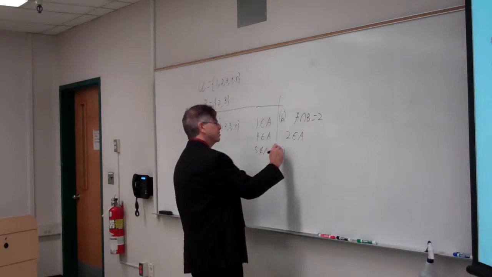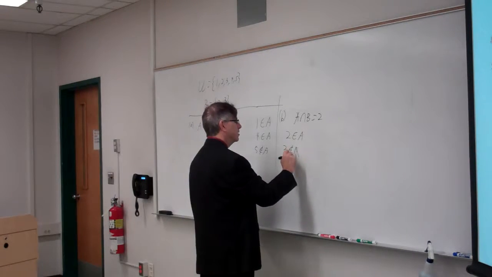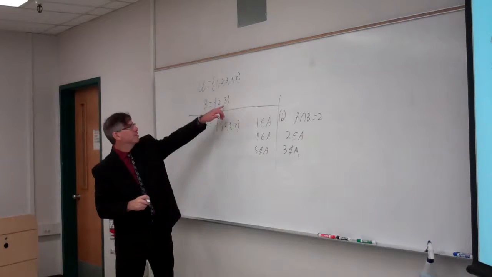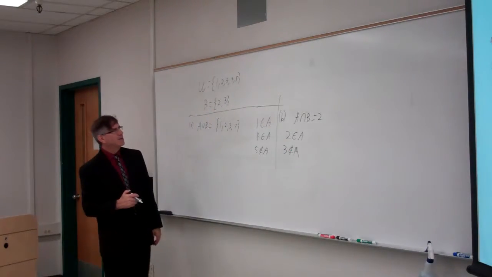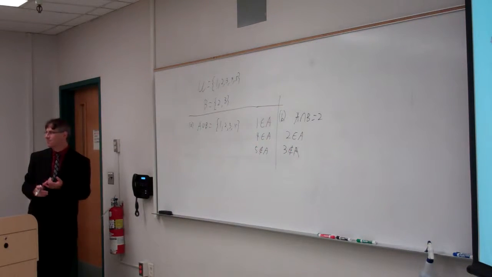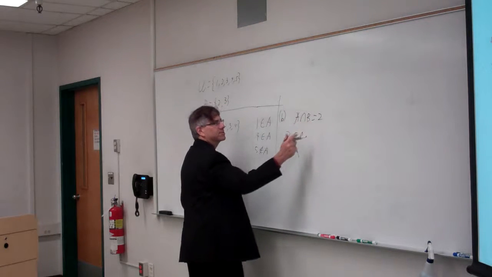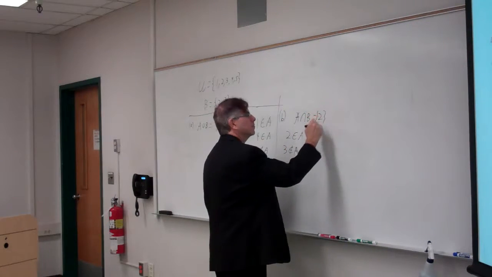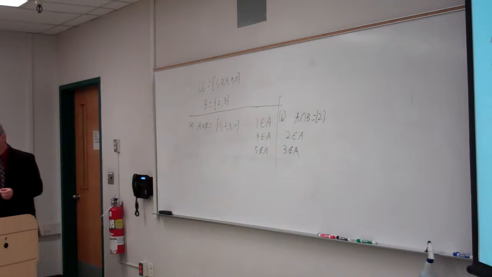But we also know 3 cannot be an element of A, because if it were, then 3 would be in both A and B, would be in the intersection. And A could contain 1, it could contain 4, it could contain 5, and in either case, the intersection would still just be 2. So that's all we can say about A. It has 2, it does not have 3.